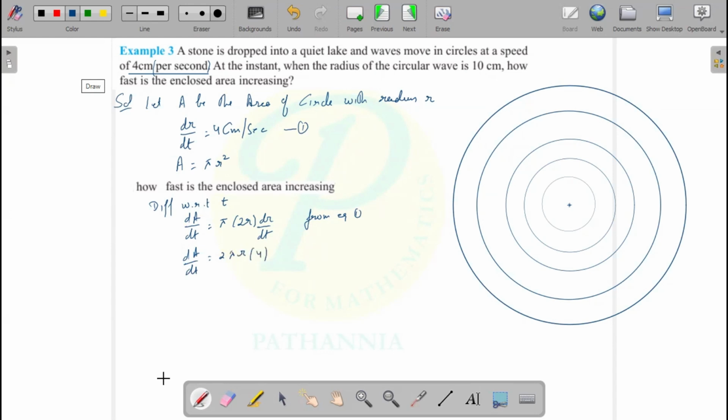And finally, you can check in the question, he is asking it when the radius of the circular wave is r equal to 10 centimeters. So 4 into 2 pi into 10, that is 80 pi. And this is area, the unit is centimeter square, and with respect to time, right.